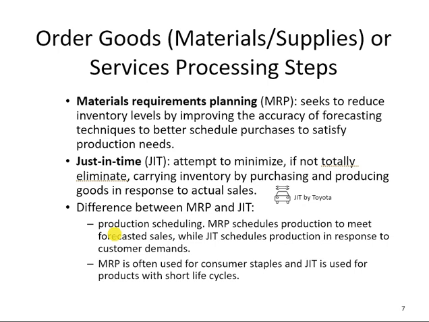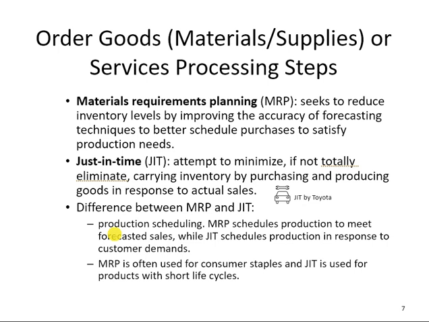For example, if you order computers from Dell, usually you send your order online, and they start manufacturing, but it's really quick. You won't notice a delay. If they have the parts available, usually it can be completed within 1 to 2 days. So this is a typical JIT approach.